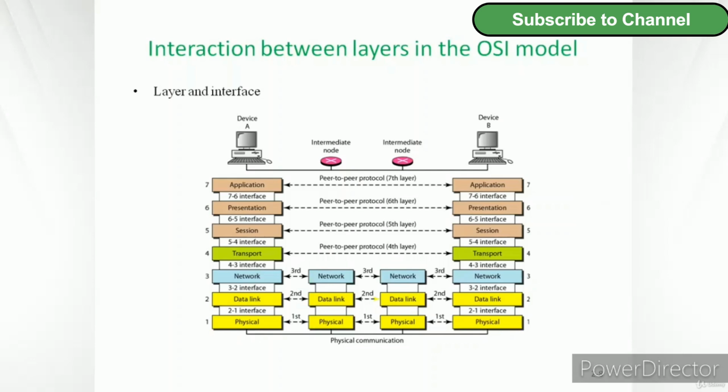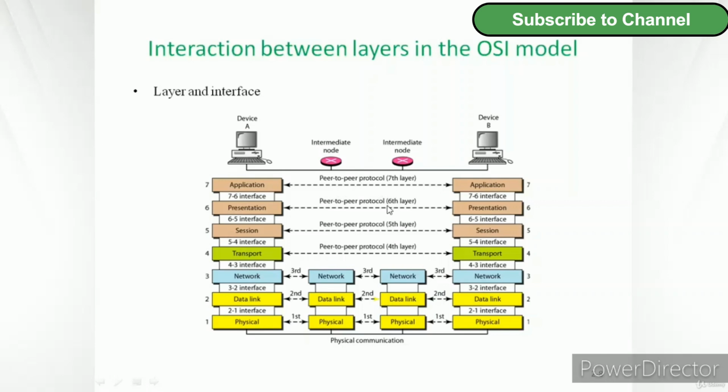So the actual data flows from the upper layer to the layer below it, and then flows from the physical medium to the destination. The interface between adjacent layers is called the interface, and these are the peer-to-peer protocols.